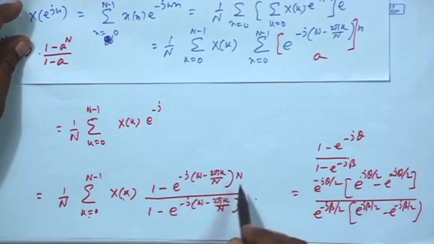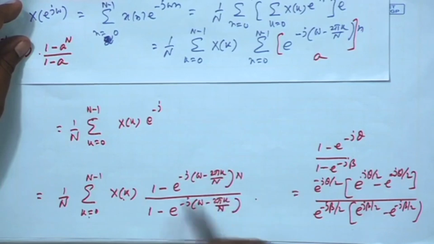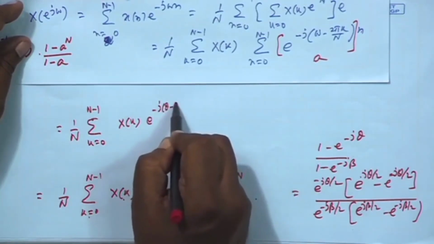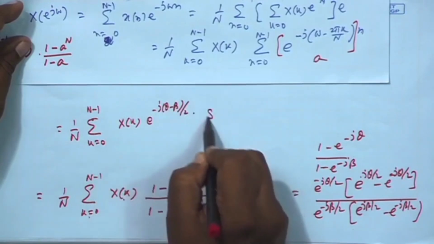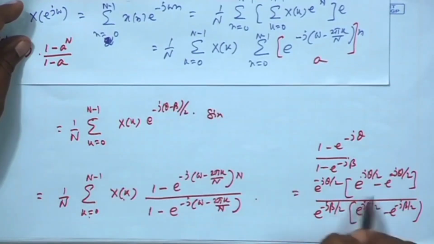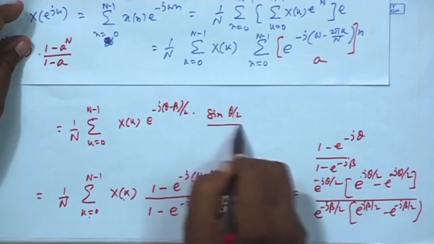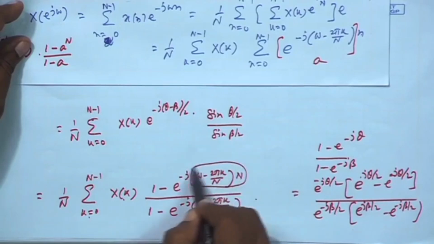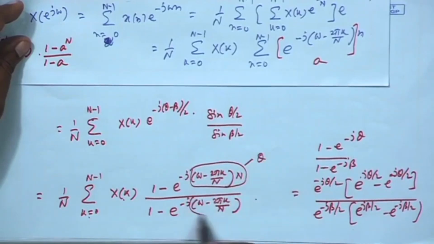So, this much was theta and this much is beta, that by 2, into sin theta by 2 by sin beta by 2, where theta is this much, and this much is beta.